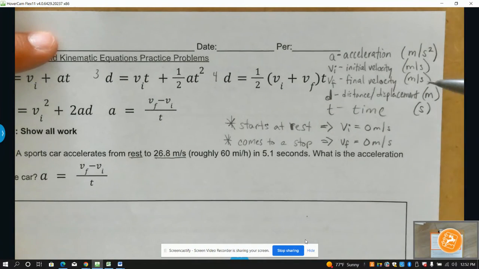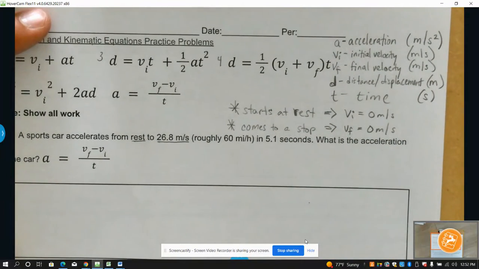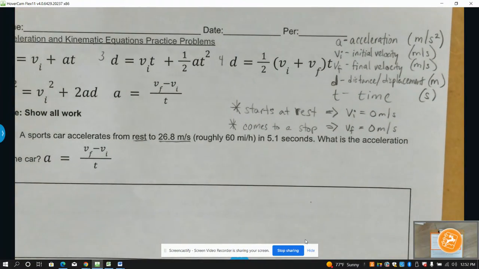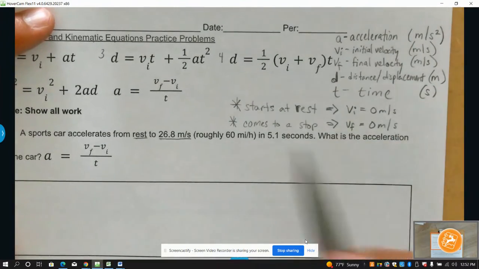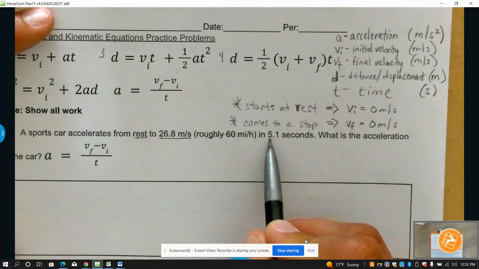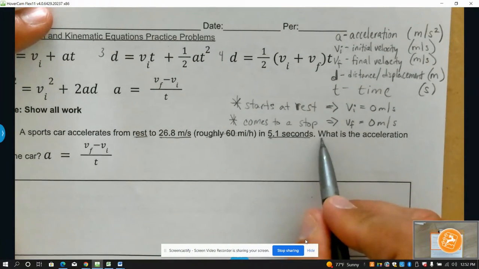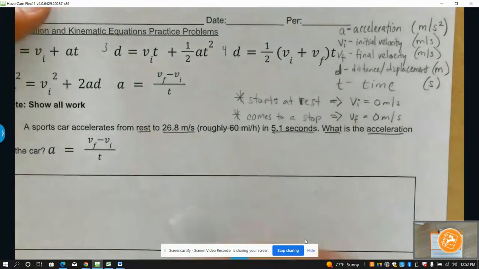Meters, seconds, meters per second, and meters per second squared. So this mile per hour, not going to help us out right here. It's just kind of giving you a heads up like, oh, well, about 60 miles an hour would be somewhere around 26.8 meters per second. Okay, so we're not going to really need that. It tells us it's going to happen in 5.1 seconds, and they want to know what is the acceleration.